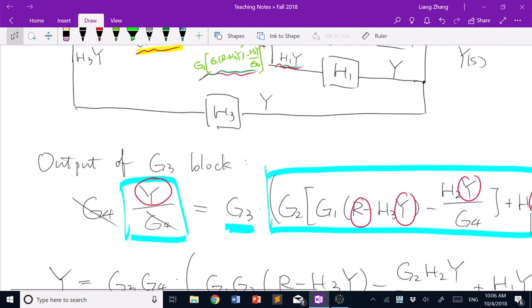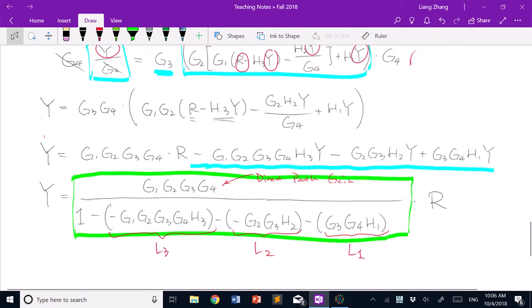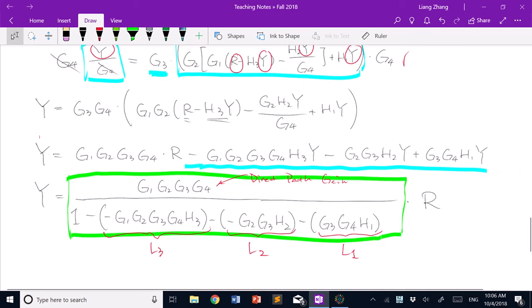And then eventually we put things together to find the transfer function. Now, as you can see, if I ask you to derive the transfer function of the system, you can use 2 methods. One is the complete procedure.